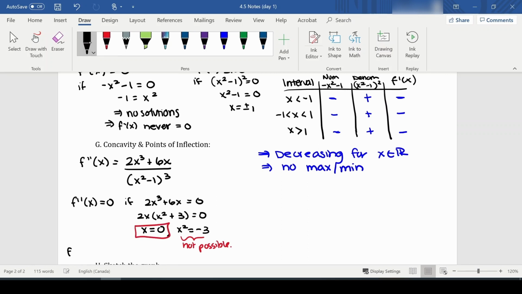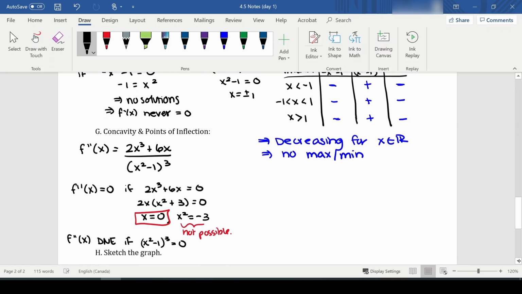Then f double prime does not exist if (x² - 1) cubed is 0. If the denominator of a fraction is 0, then that fraction does not exist. And we know that this happens if x equals plus or minus 1 from our previous work as well. We had the same answer there.